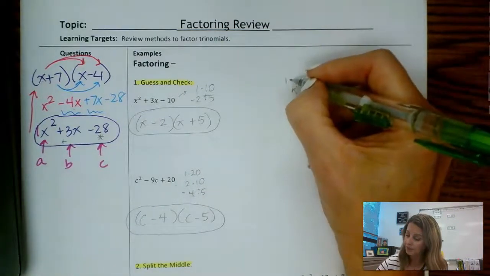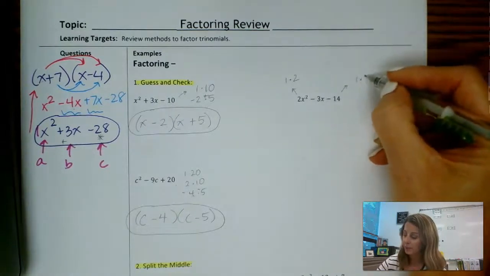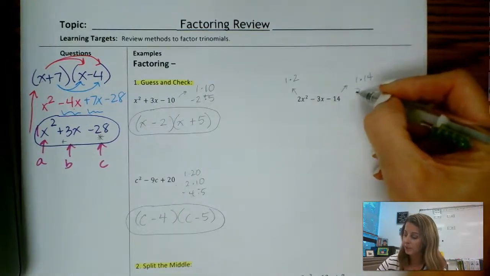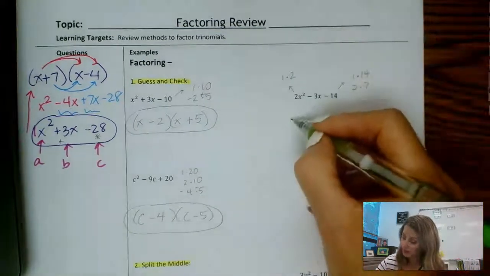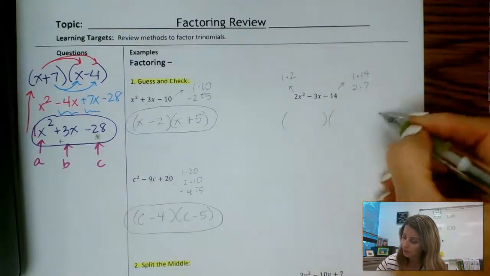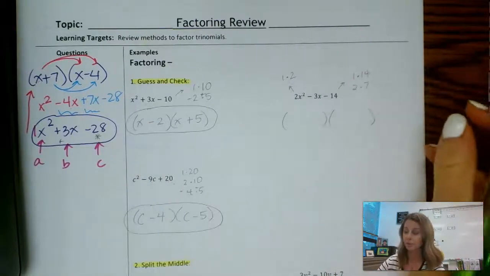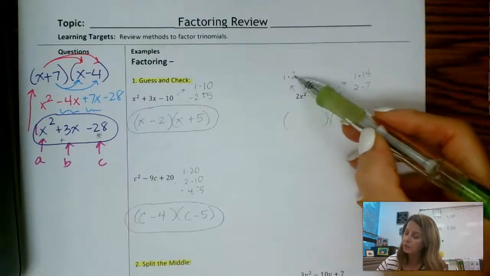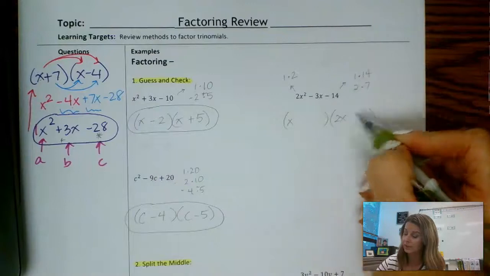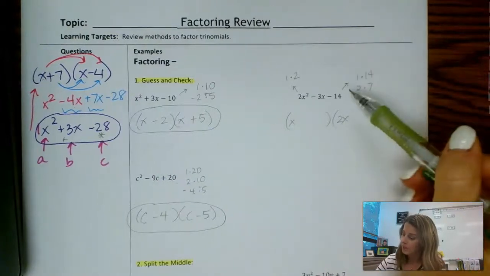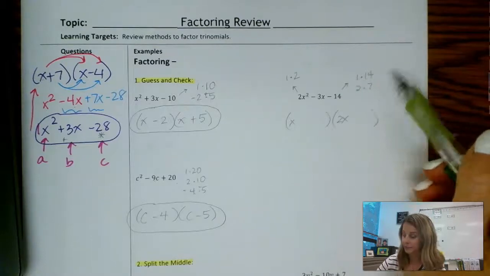There's only one set of factors of 2, 1 times 2. 14 could be 1 times 14, 2 times 7, but that's it. Here's where I really need my pencil because I'm going to try something and then maybe switch it and erase it. So there's only one set of factors of 2, so it's going to have to be 1x and 2x. Factors of 14 could be 1 and 14 or 2 and 7.